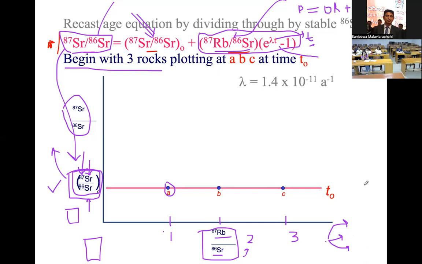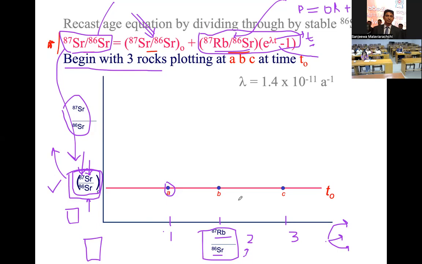But the point is you should be clear in your mind that the original source, the source region or the source material, should be the same for the three rocks that we are discussing for the age determination.